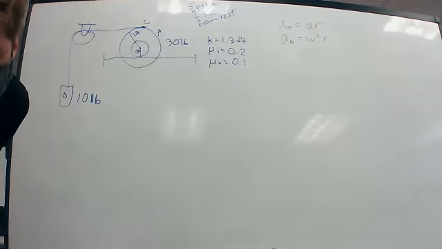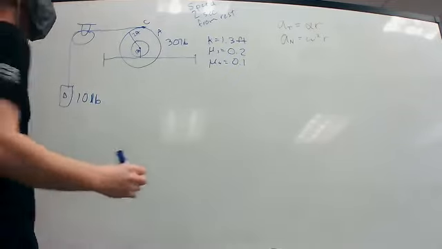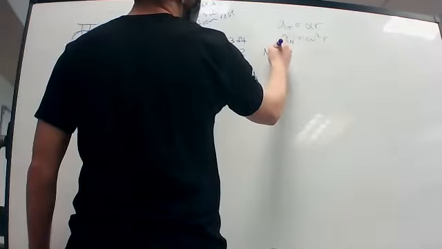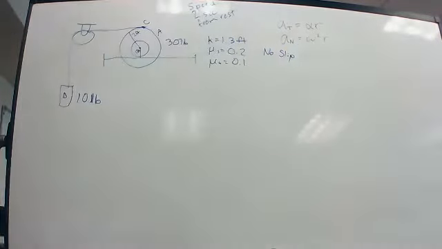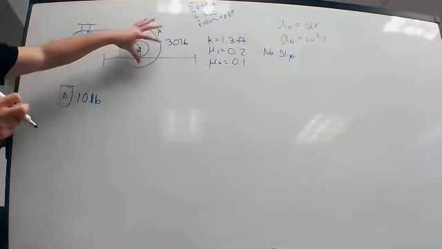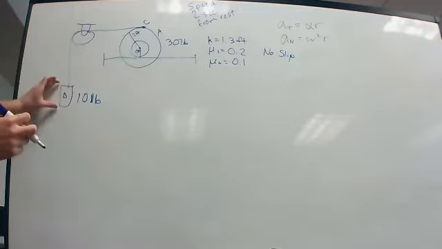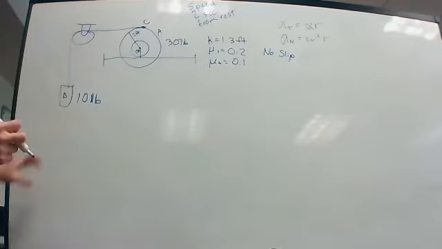We're going to assume a no-slip wheel, and at the end, we're going to verify that assumption. So right away, we know that this wheel is going to be general plane motion, and the block is going to be translation, just moving in one direction.